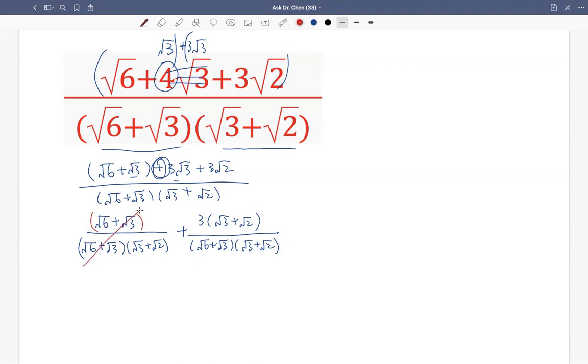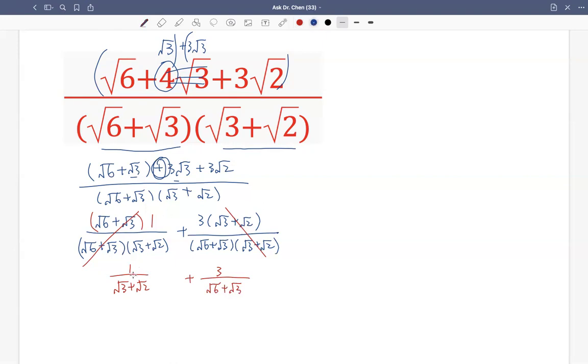Denominator has the same thing. So this simplifies to be 1. And here we have radical 3 plus radical 2 dividing itself, simplified to be 1. So we're left with 1 over square root of 3 plus square root of 2, then plus this term, 3 over square root of 6 plus square root of 3.